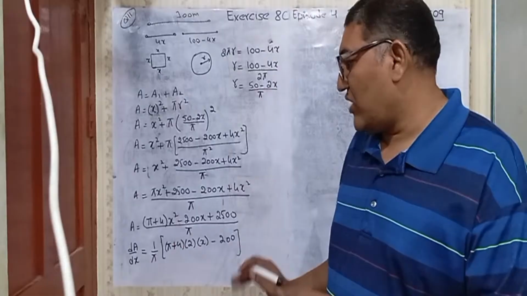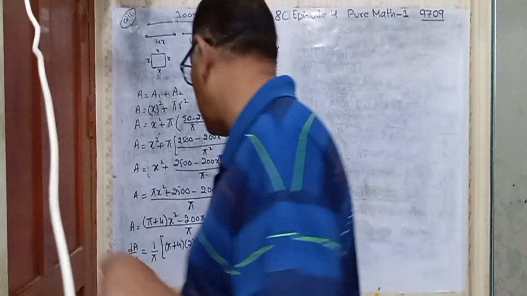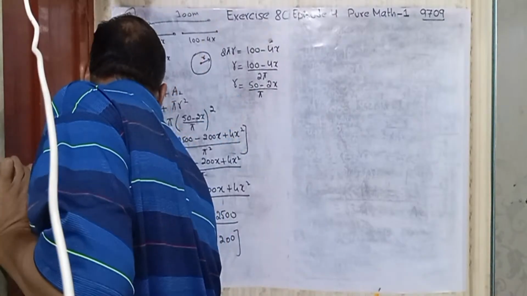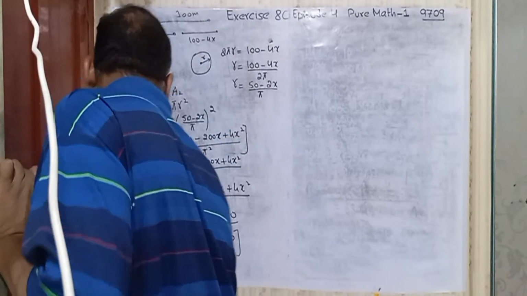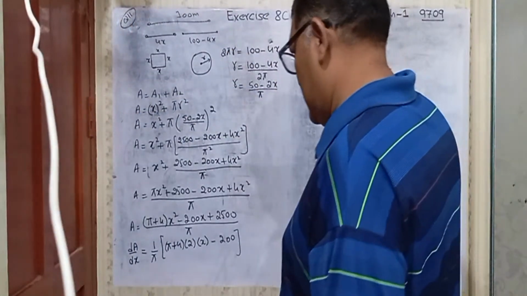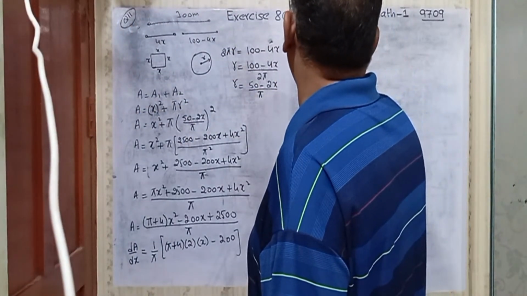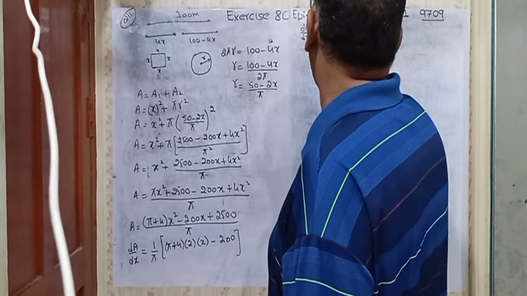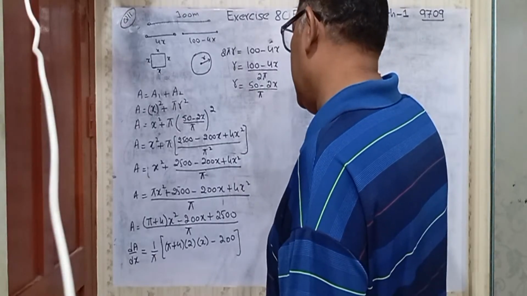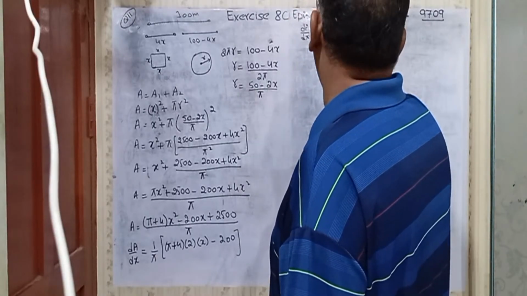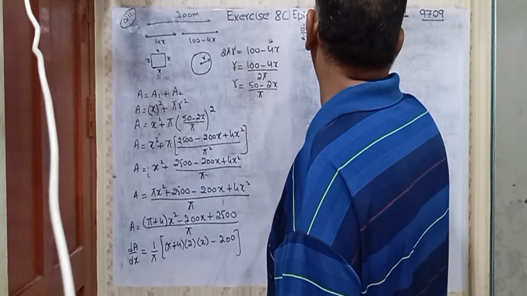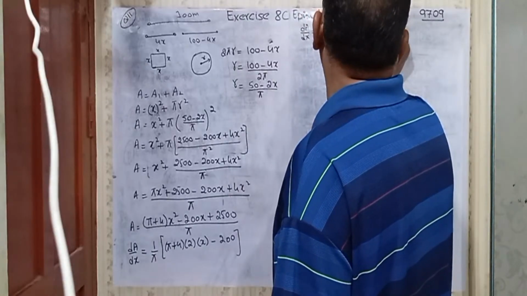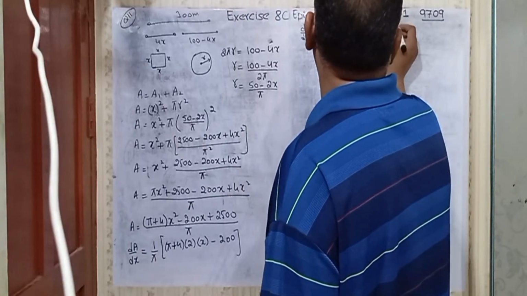The derivative of the constant is 0, so I am not writing that. 1 by pi I have taken already outside. So the first derivative, you can write it like this: dA by dx is equal to 1 by pi into pi plus 4 into 2x minus 200. Okay, so you can put a bracket around here.